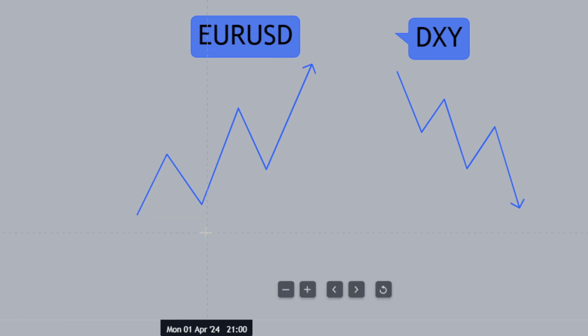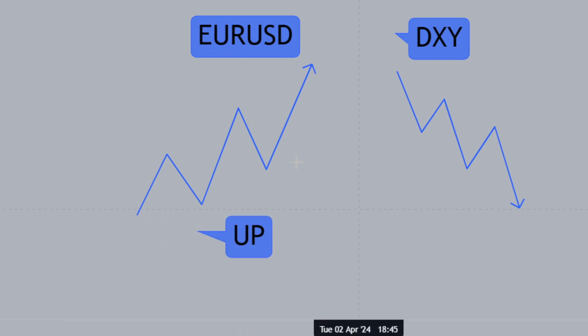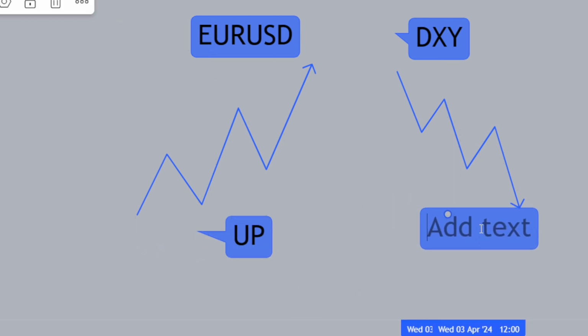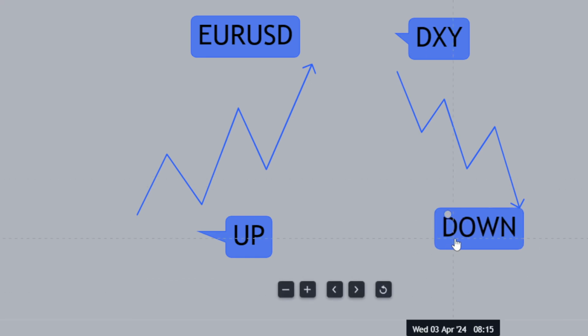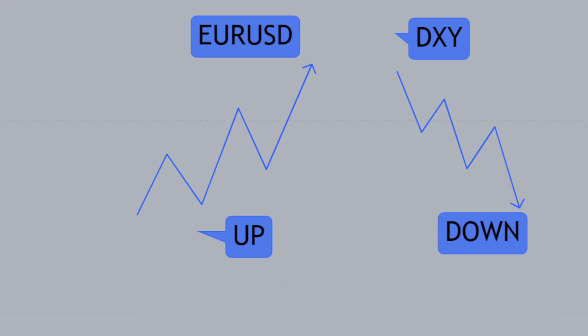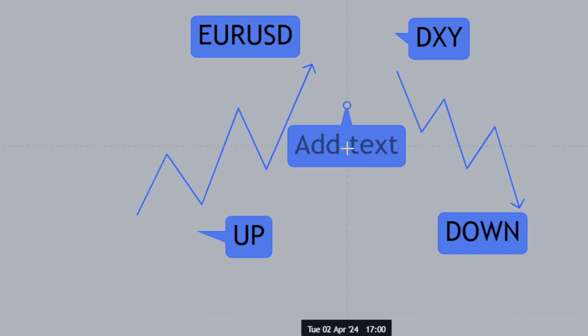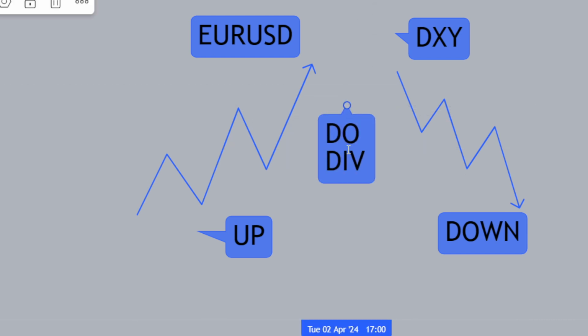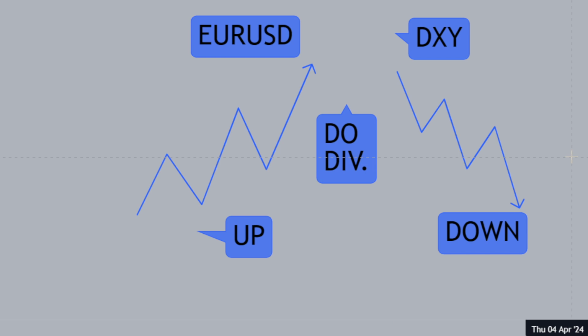So as the euro dollar goes up, we see that the DXY goes down. This is typically what happens, and this is where there's no divergence. There's no divergence here at all.